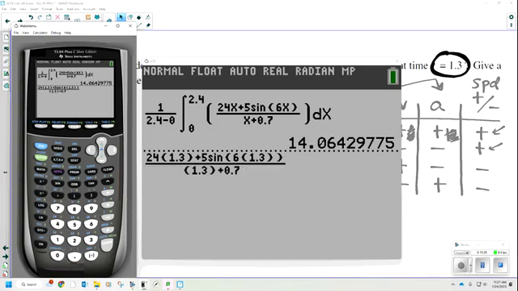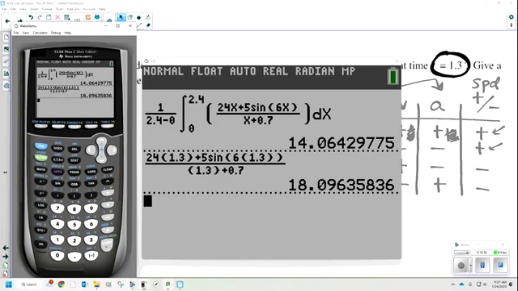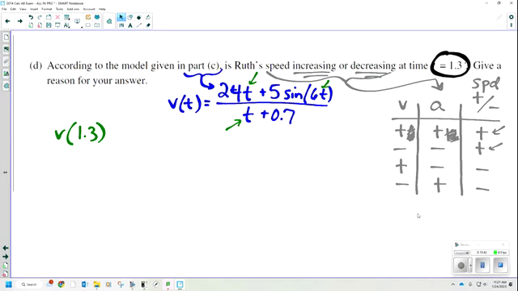I always like to input in parentheses, all right? So if I do that right, and I think I did, I should get 18.096. Okay, so let's write this right here. That is approximately 18.096.